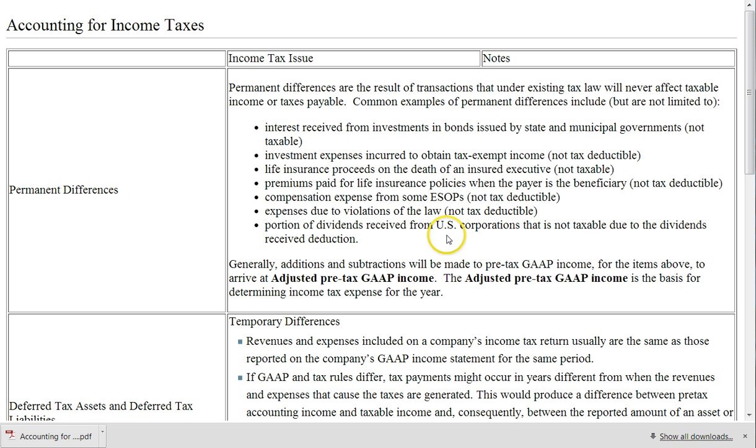So the most common are up here at the top, where we have investment income from state and municipal bonds, and then the life insurance policies. The way that we are going to handle the accounting for these permanent differences we'll demonstrate in a follow-up video. But that's just a quick explanation of the permanent differences.